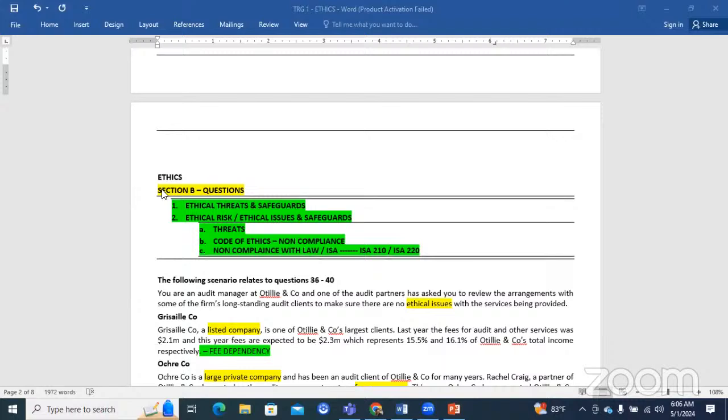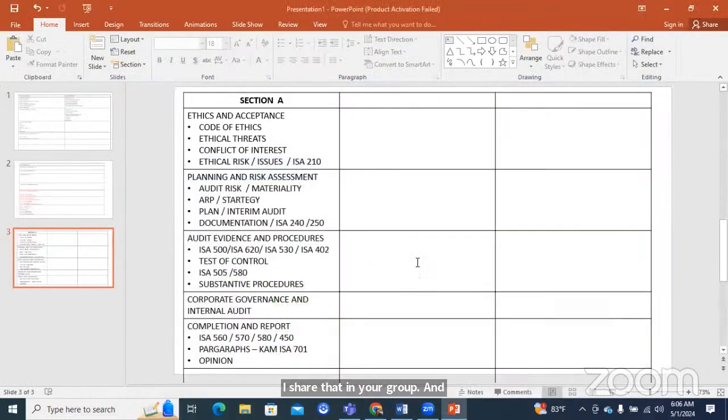Your sample papers, okay. I'll share that in your group. TRG group, I'll share only. And also I can share in the main audit group also.